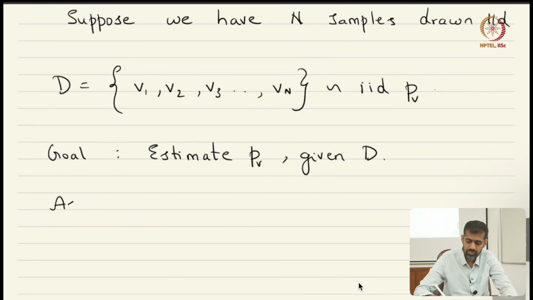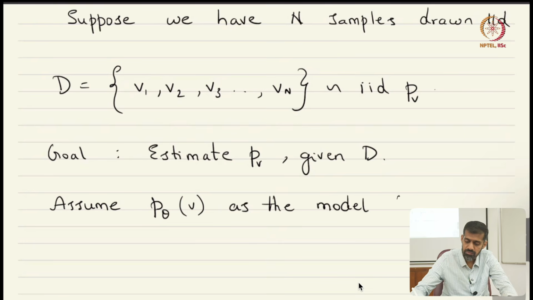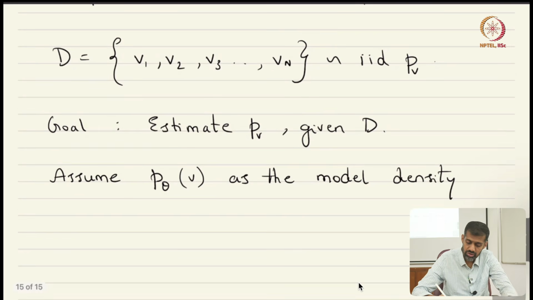Assume P theta, which can be evaluated at V as, see, this V is a dummy variable by the way, P theta as the model density, and compute the KL divergence now between PV and P theta.